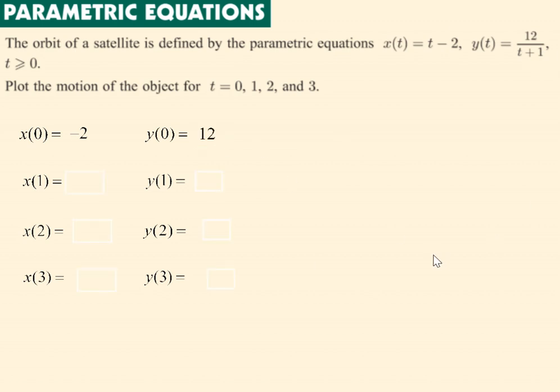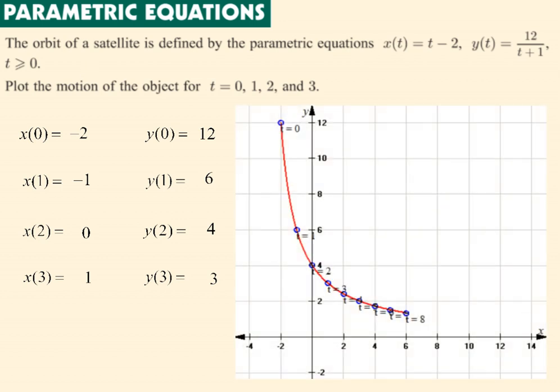If we continue to substitute, if we let t equal 1, we'll get 1 take 2, which is negative 1, and 12 on 2, which is 6. So we can do that in turn for each of our t values, and we get a series of points. If we were to plot those points, we'd end up with a curve such as that.